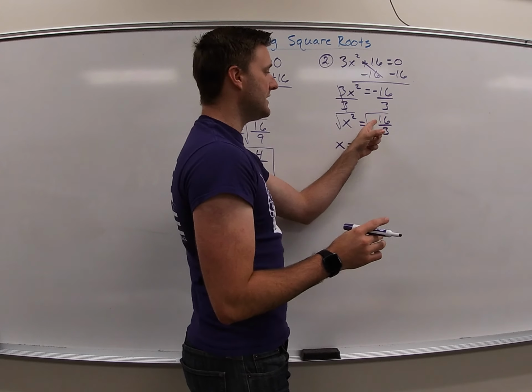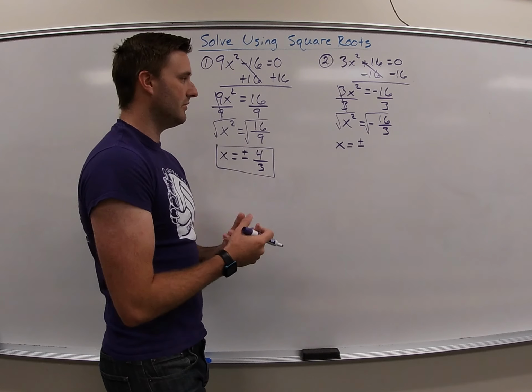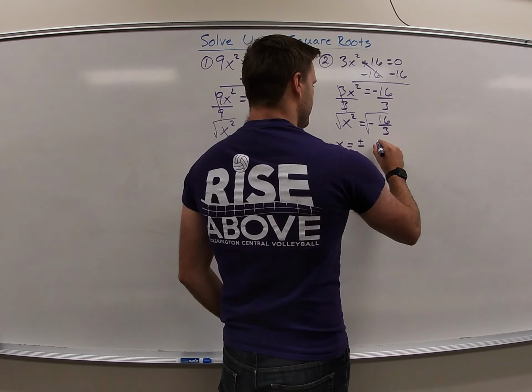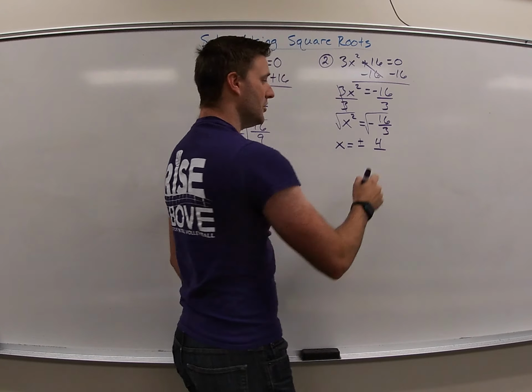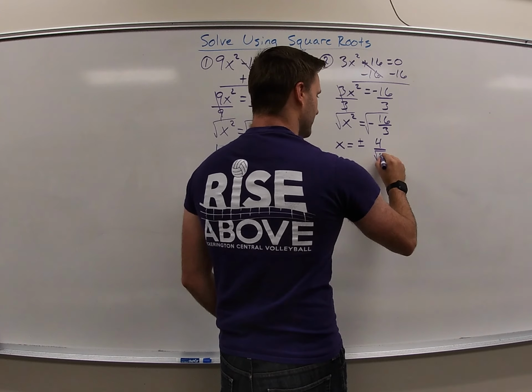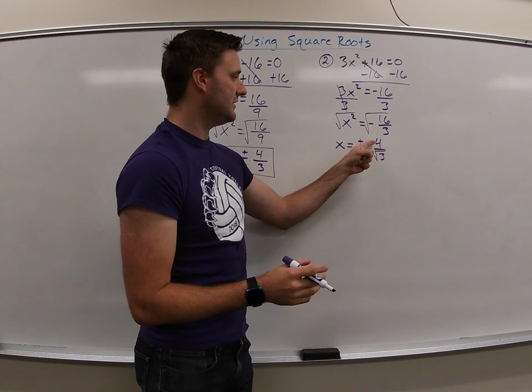We're taking the square root of the top and the bottom. The square root of the top of our fraction is 4. I don't know what the square root of 3 is, so I have to leave the square root of 3 in the bottom.